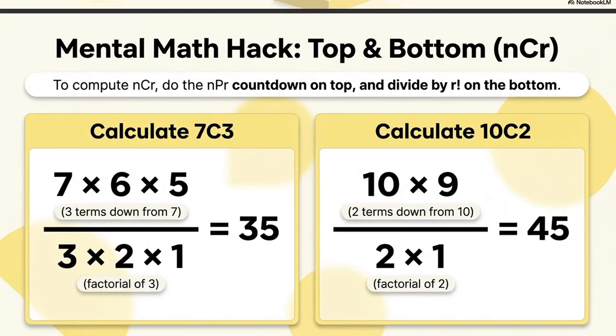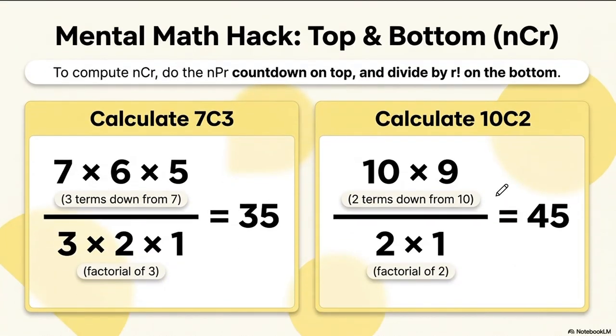Now how to calculate combination? We have seen that in combination, order does not matter, so the results will be a little bit smaller as compared to permutation. Suppose we have to calculate 7C3. The formula we have seen is n factorial upon n minus r factorial into r factorial. You can use this formula to solve, but let's see how to calculate directly without the formula.